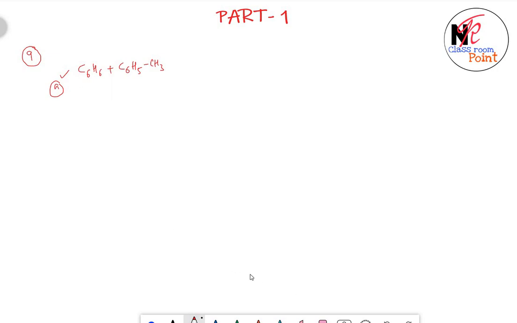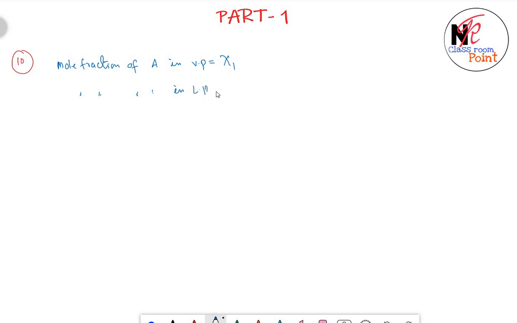Let's go for another question. In this question, they have given the information that the mole fraction of A in vapor state is x1, and the mole fraction of A in liquid phase is x2. Now they're asking to calculate the total vapor pressure. We all know that the mole fraction of any compound in vapor phase equals partial pressure by total pressure.